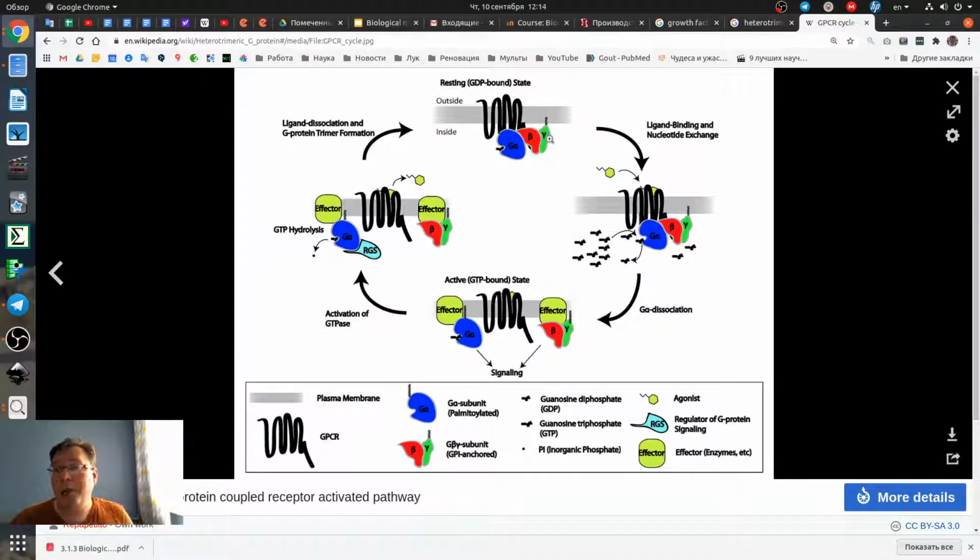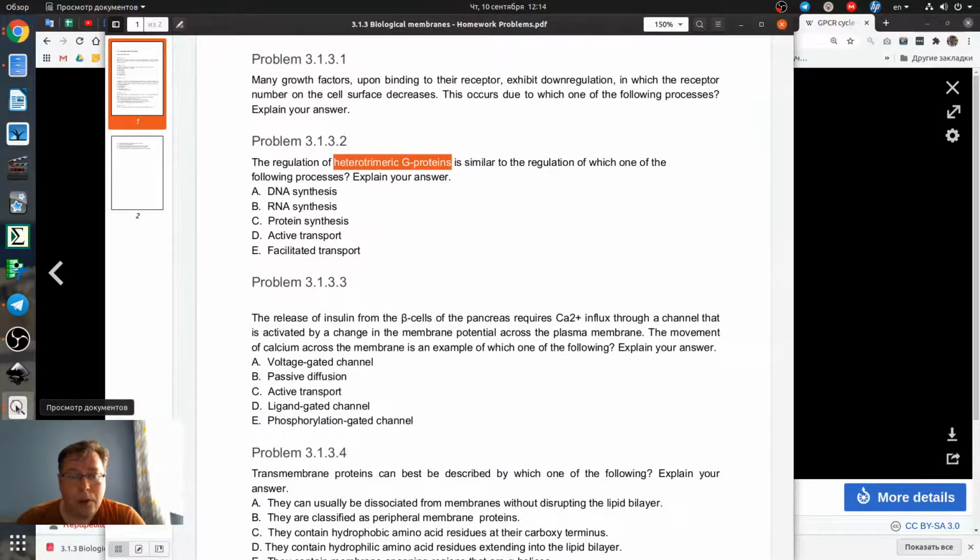So we call these molecules heterotrimeric. That means they have three subunits, trimeric. And hetero means different: alpha, beta, and gamma. So the next question, regulation of which one of the following processes? So the regulation of these proteins.